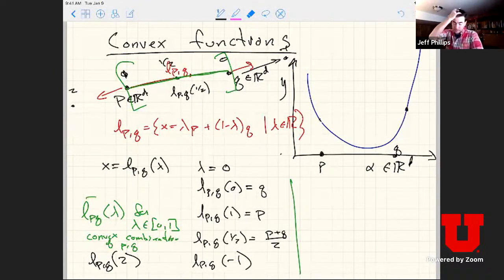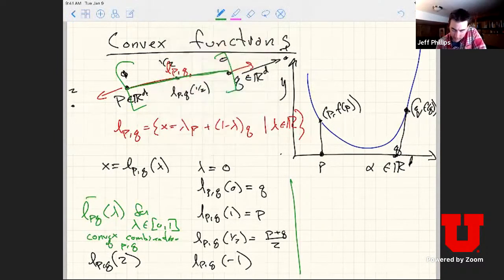So I'm going to take these 2 points and I'm going to lift them up onto this function. So this is a point P, f of P. This is in RD plus 1. This is Q, f of Q. This is a point in RD plus 1. And I want to think about this line segment in between the two.